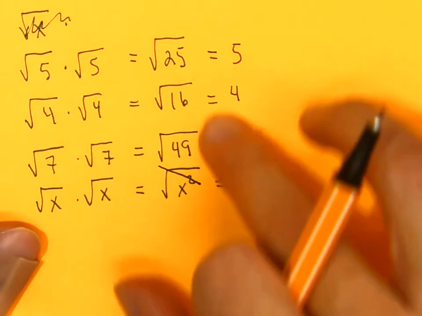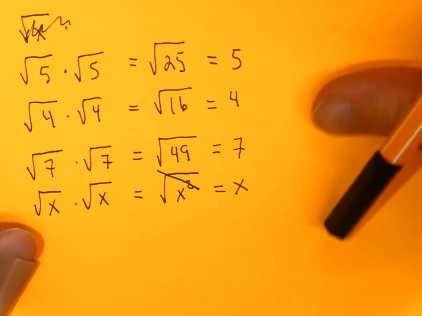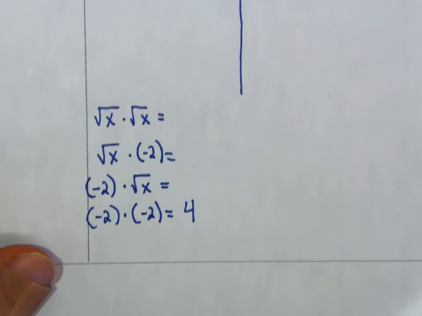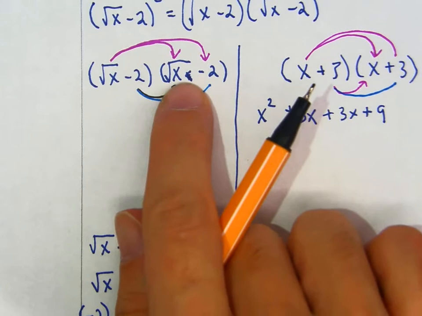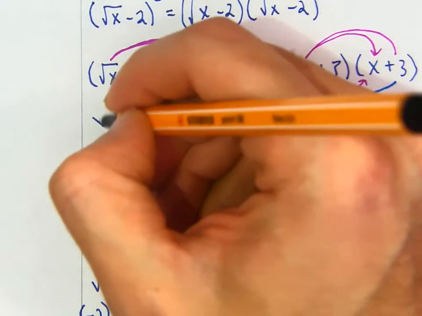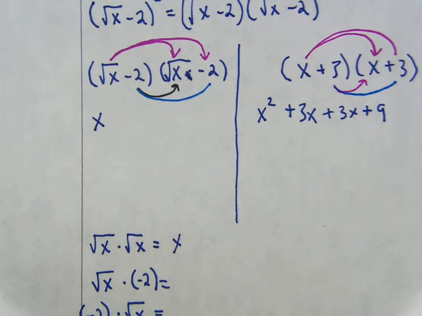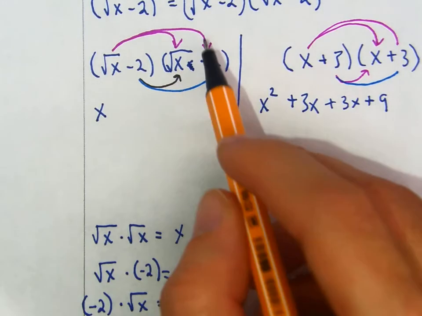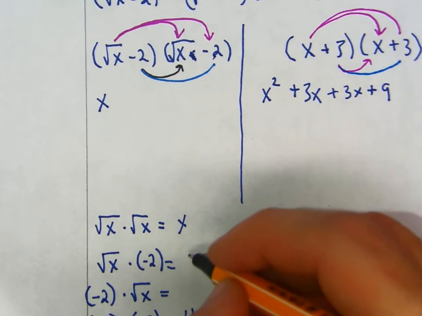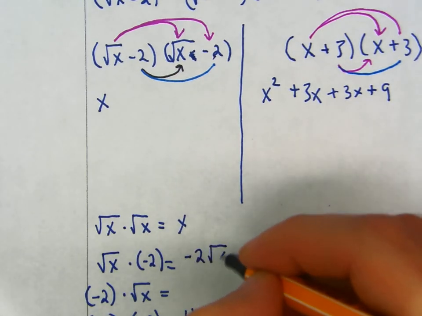So this pattern holds, okay? If you feel like this is a little shaky, just raise your hand, and I'll be able to explain it again. So here, that idea, when I have square root x times square root x, this is just equal to x. So this part is just x. What about square root x times negative 2? That should just be negative 2 radical x.